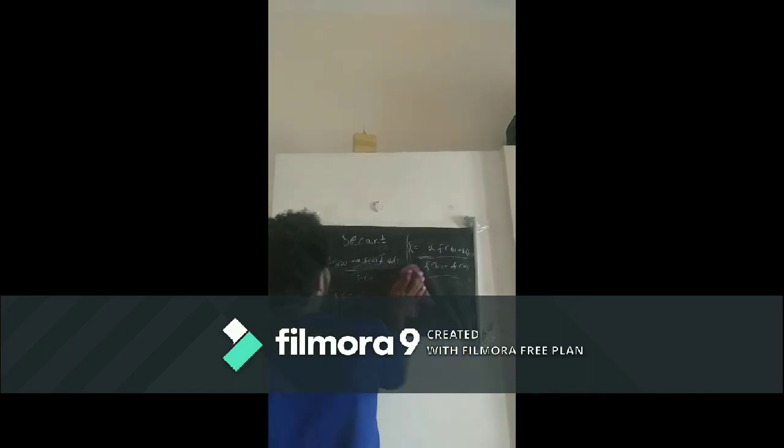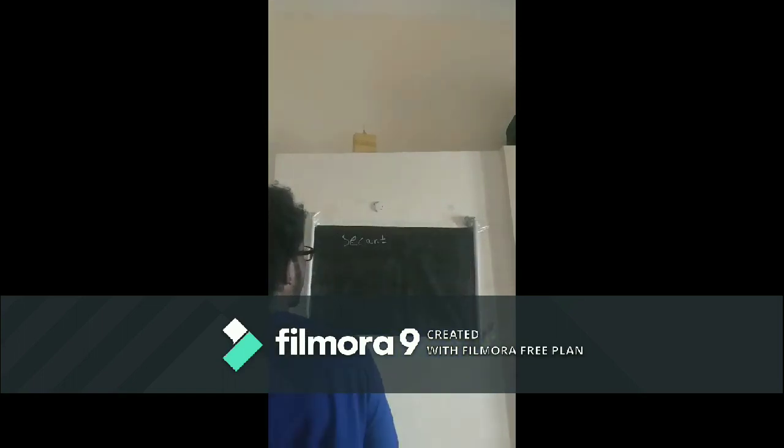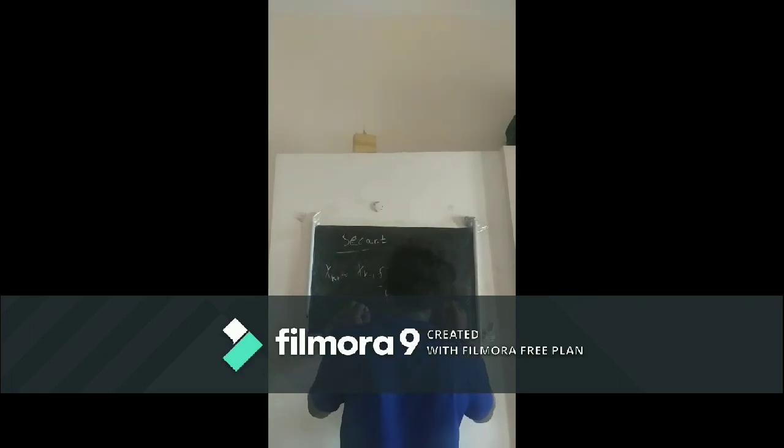So in general, the general formula for the second method is x k plus 1 is equal to x k minus 1 times f of x k minus x k into f of x k minus 1 divided by f of x k minus f of x k minus 1.